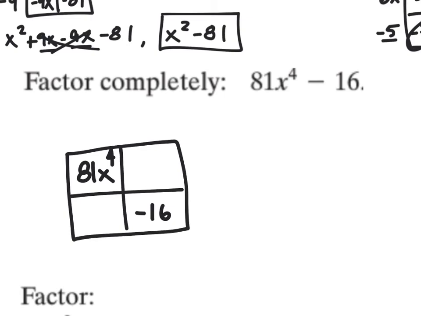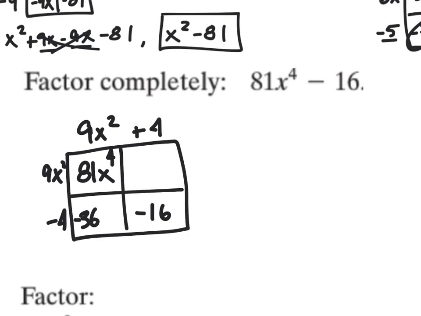Let's do 9x squared, and let's do 9x squared here. Okay. For negative 16, let's do positive 4 and negative 4. All right. So this is 9x squared times negative 4 is going to give me, oh gosh, what do I have?